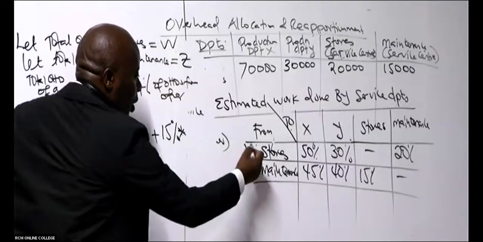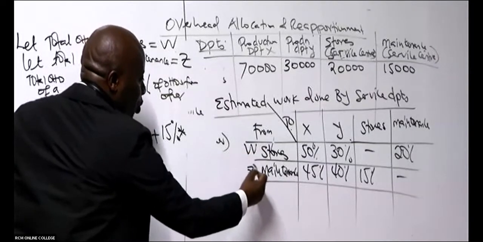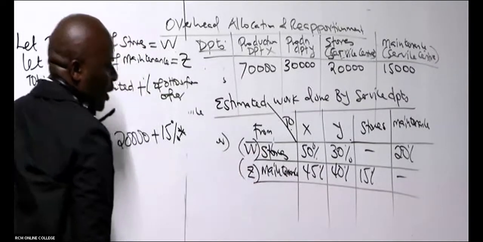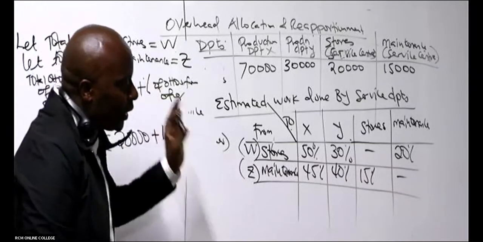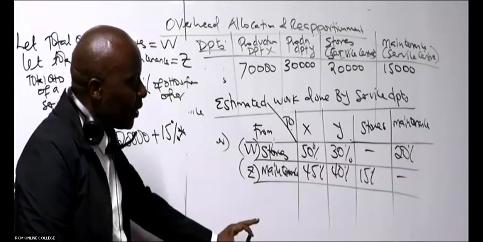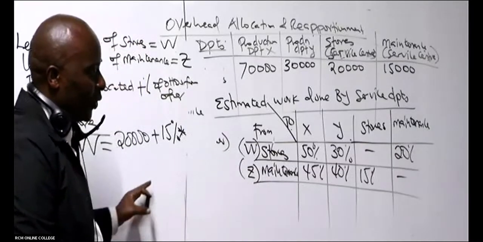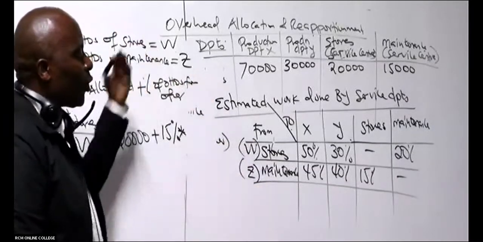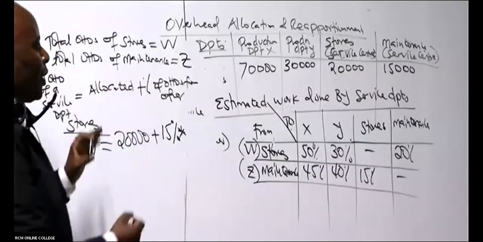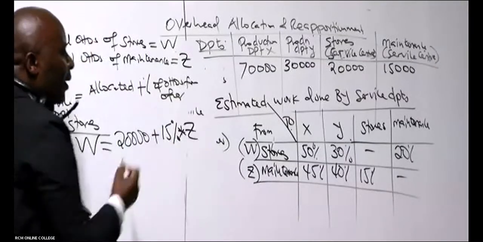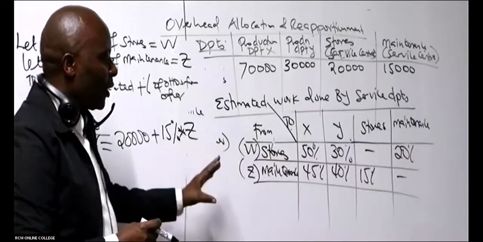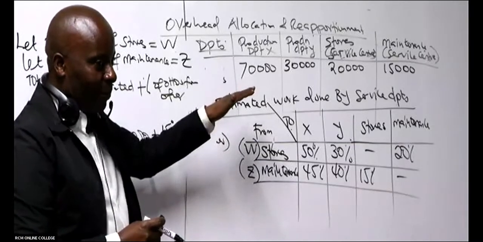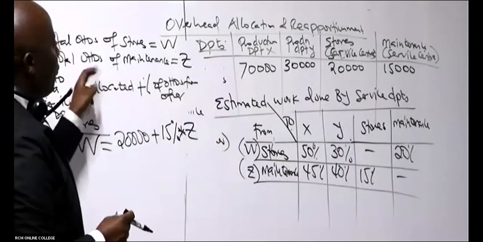Remember, stores you called W. Maintenance total, you called it what here? Z. So stores is getting 15% from maintenance. So it will be 15% of the total maintenance cost, which is what here, somebody? No, 15,000, thanks for trying, but 15,000 is just what has been allocated. What is the total overhead for maintenance?